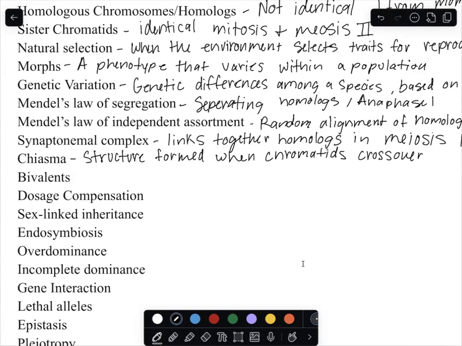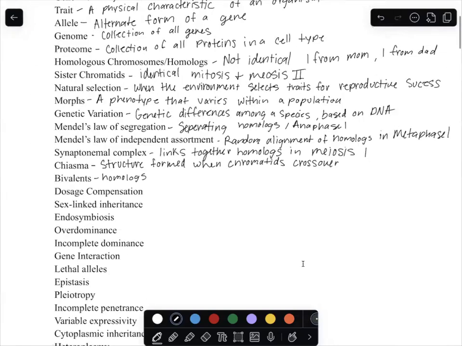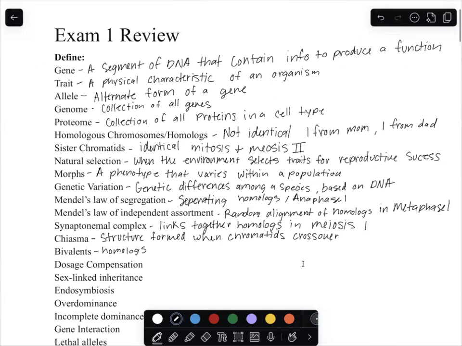Okay, and bivalents are just homologs. And if you remember up here, homologs are not identical. So you get one from mom, one from dad.